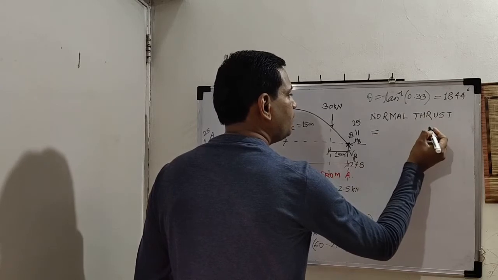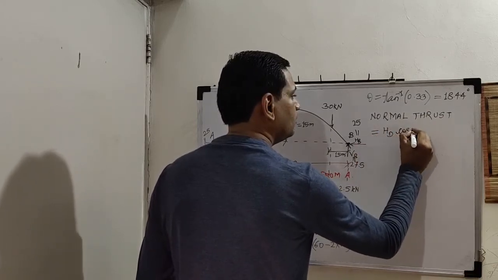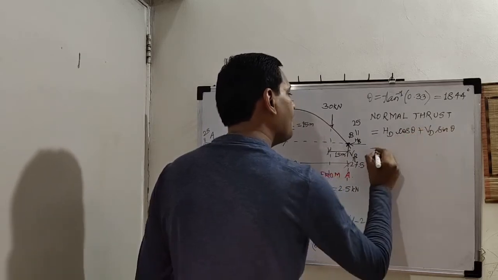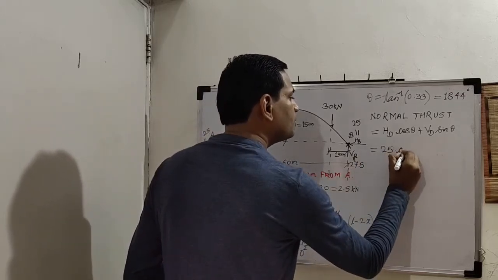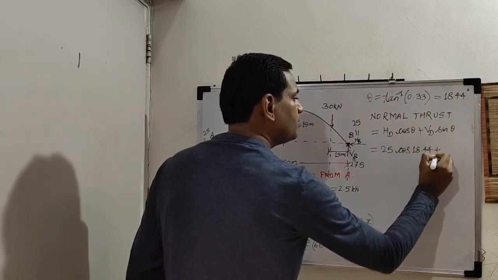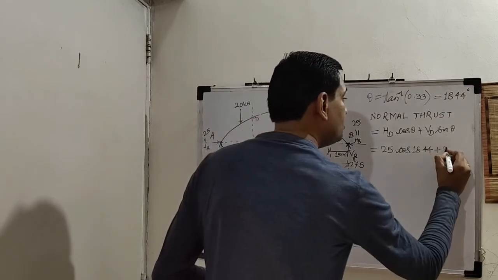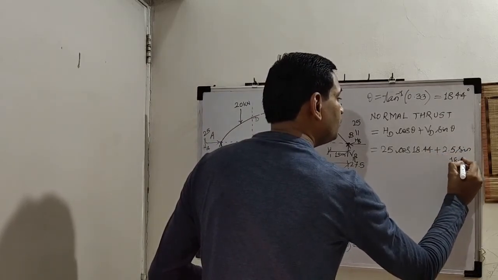So what is the equation for normal thrust? HD cos theta plus VD sin theta, if you remember. So what is HD? 25 into cos of 18.44 plus what is VD? VD is 2.5, net shear force on point D, into sine of 18.44.